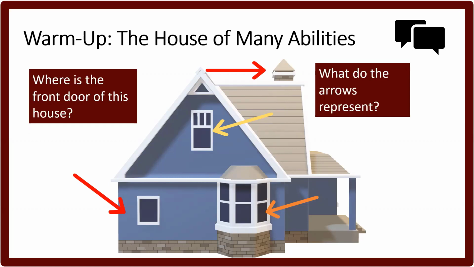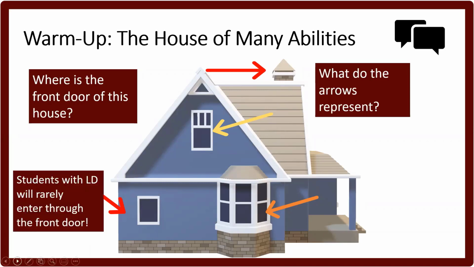The House of Many Abilities pictorial explains how many students with LD feel when they are learning a new academic skill or concept. The door is analogous to the learning objectives. The arrows represent all the different paths a student with LD may take to get into the house because they can't find the door or the learning objective very easily.